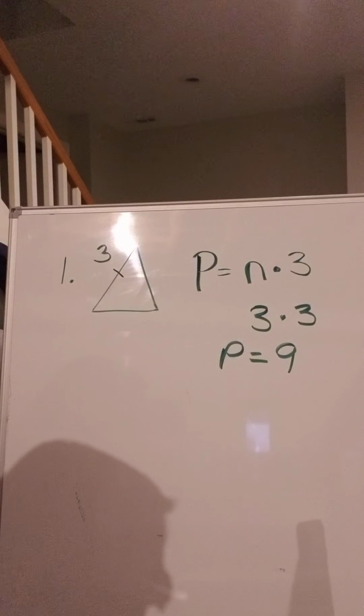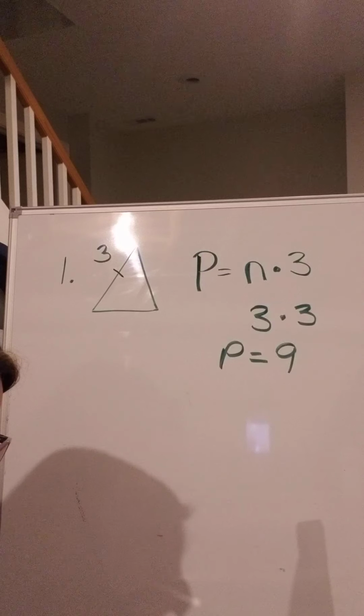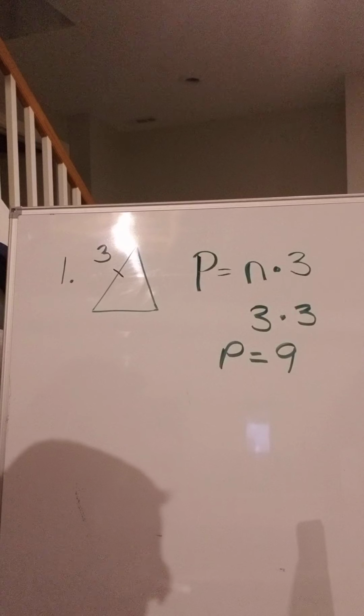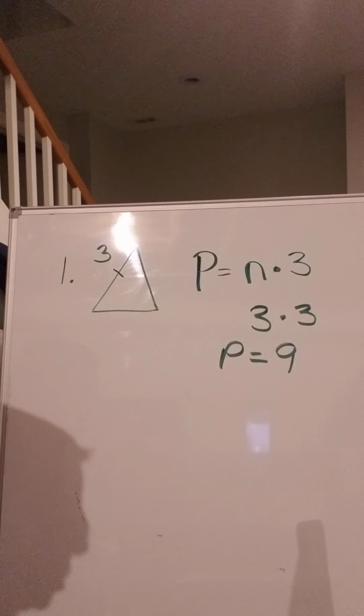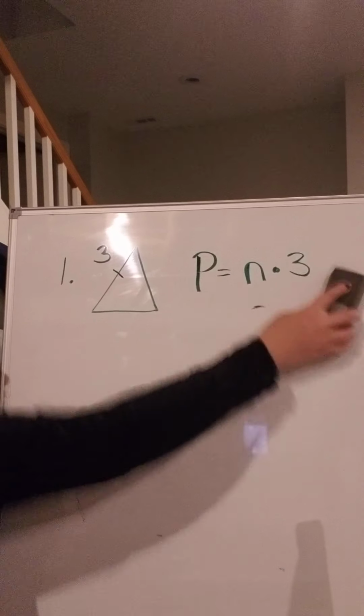Number 2 is another geometric shape. Now on this one, there are, let's see, 1, 2, 3, 4 sides, and it looks like 2 of them are the same length, the 2 on the side. So for this one, we're going to use the formula where all you're doing is adding up all the sides together.